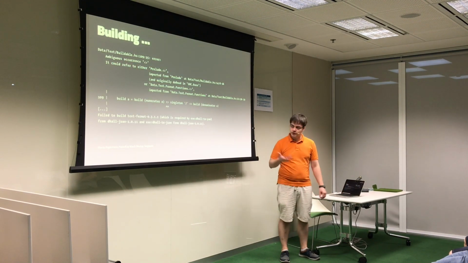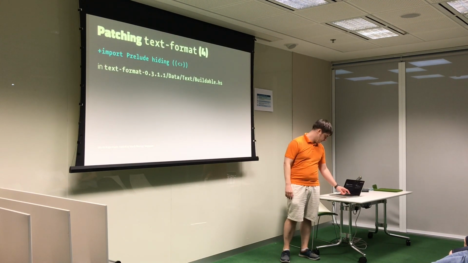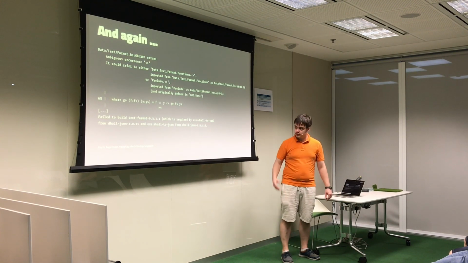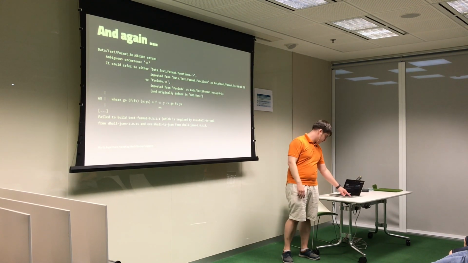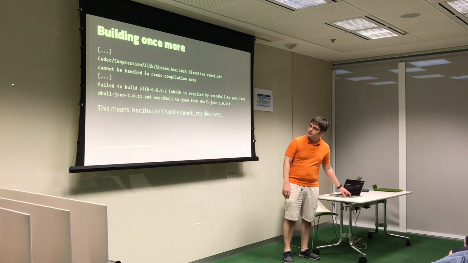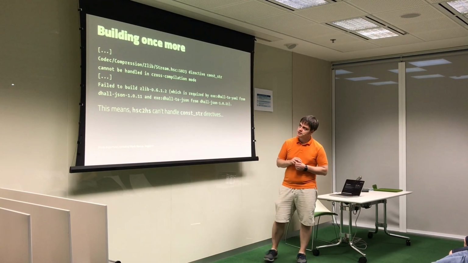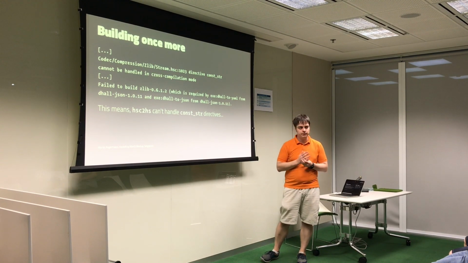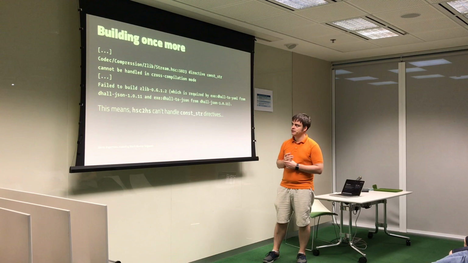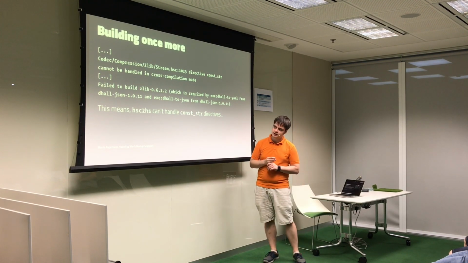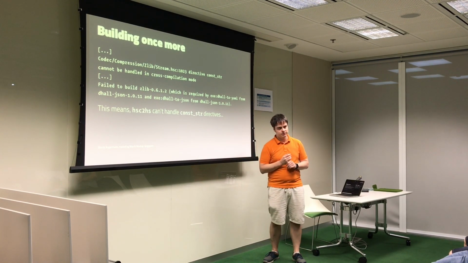Let's keep on building. Okay, same again, patching again. And it keeps on giving all the time. So you patch even more, and then we end up here. Now, what happened here? This is zlib, which uses hsc2hs to embed constant strings. But luckily you don't actually need those.